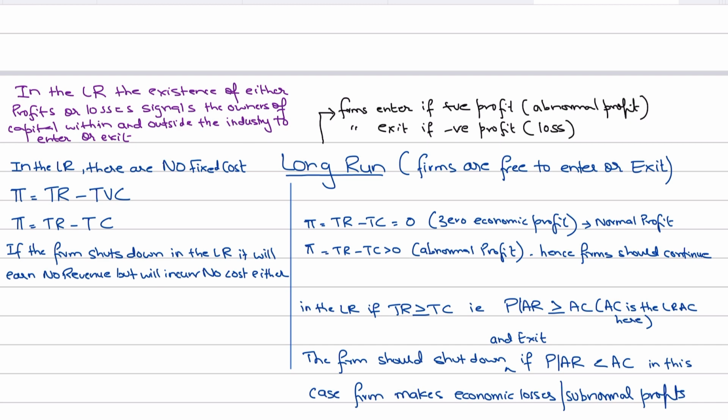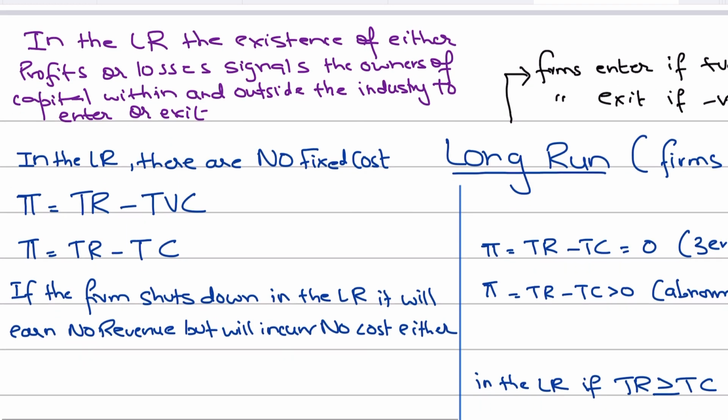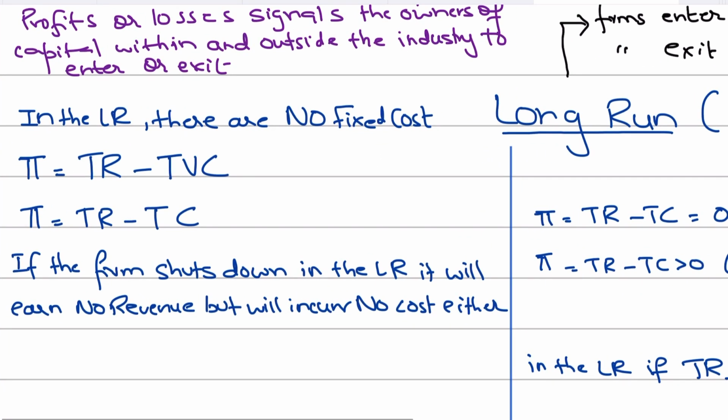If there is economic losses, they will exit, right? अच्छा, दूसरी चीज़ ये कि, like I said, in the long run, the existence of either profits and losses will signal, losses and profits signal करेगा to the owners of the capital within the industry, outside the industry as well, to enter or exit. Also remember that in the long run, there is no fixed cost. We have already covered this concept in the cost videos कि long run में fixed cost नहीं होती. Whatever the cost is, it is a variable cost. So the total cost is obviously equal to the variable cost, since there is no fixed cost, right?